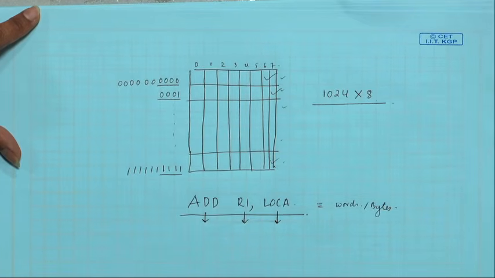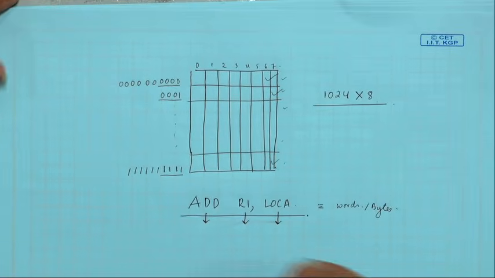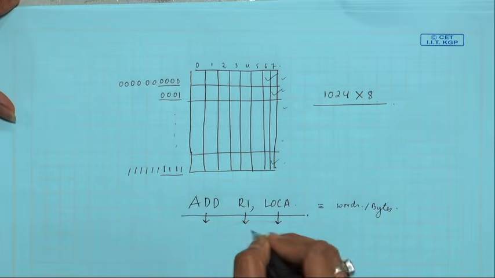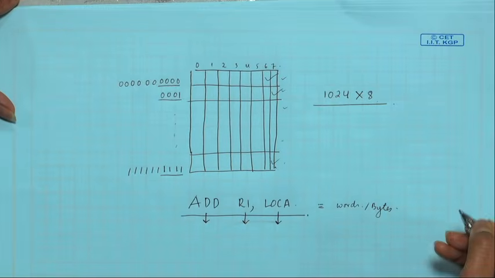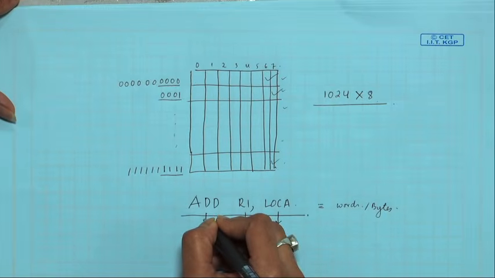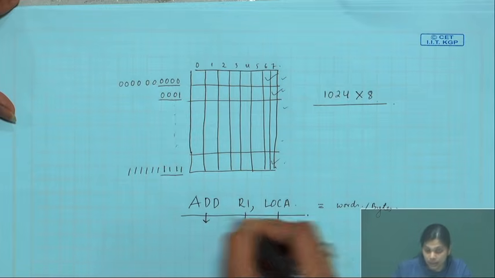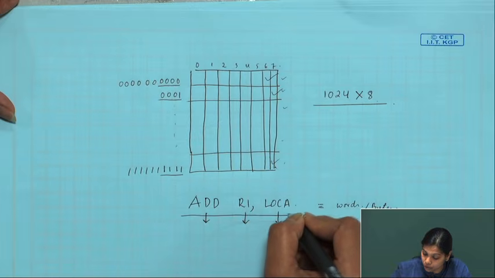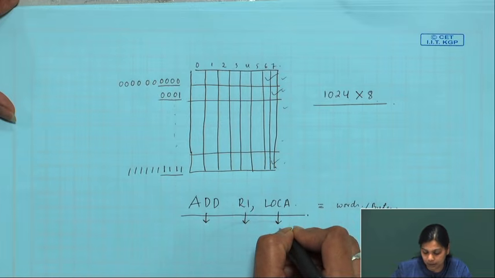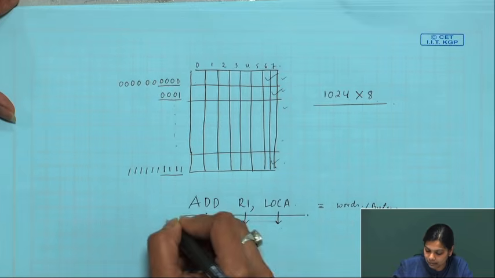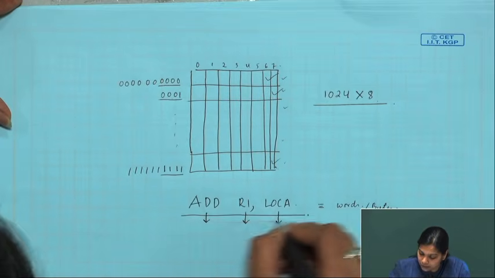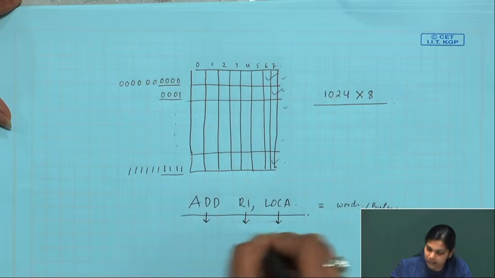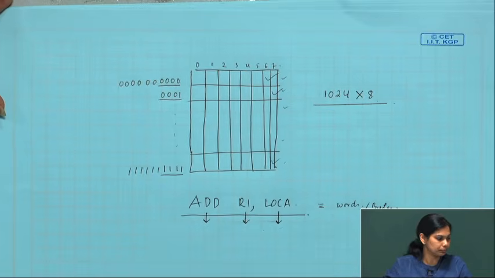So, how many bytes this instruction will take is dependent on various other factors, like the total number of instructions available in your computer, the total number of registers present in your computer, and also the number of locations you are having, based on which you can decide the number of bytes required to represent this particular instruction.